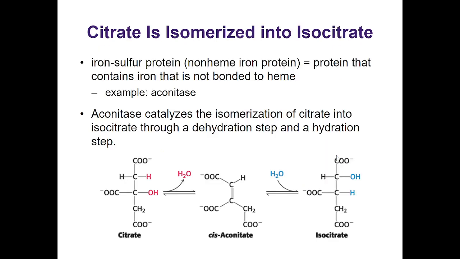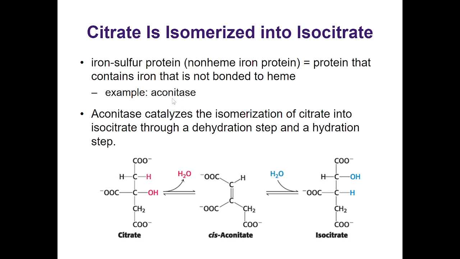Okay, fantastic. So the citrate is then going to be isomerized into isocitrate. I know, isomers. That's why you needed organic 1. So the iron sulfur protein, this is a non-heme iron protein, by the way. Do not confuse it with heme. This is a protein that's going to contain an iron that's not bonded to a heme.